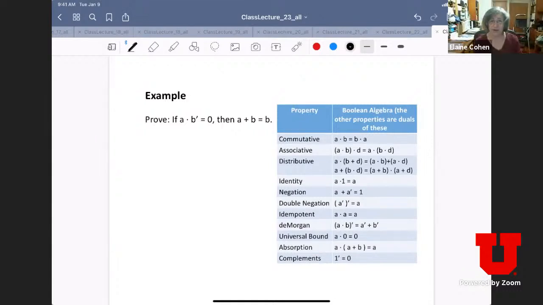Okay, shall we jump in? We want to prove if A plus B complement equals 0, then A plus B equals B. So we start out, we know what A plus B is. A plus B, that's part of what we're trying to prove something about. Well, what's that equal to? So I look at the hypothesis here.